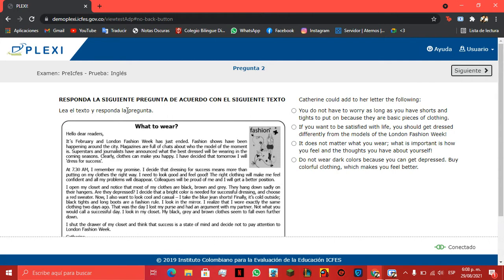Now I also want to look cool and casual. I take the blue jean shorts. Finally, it is cold outside. Black flats and long boots are a fashion rule. I look in the mirror. I realize that I wore exactly the same clothing 2 days ago. That was the day I lost my purse and had an argument with my partner.